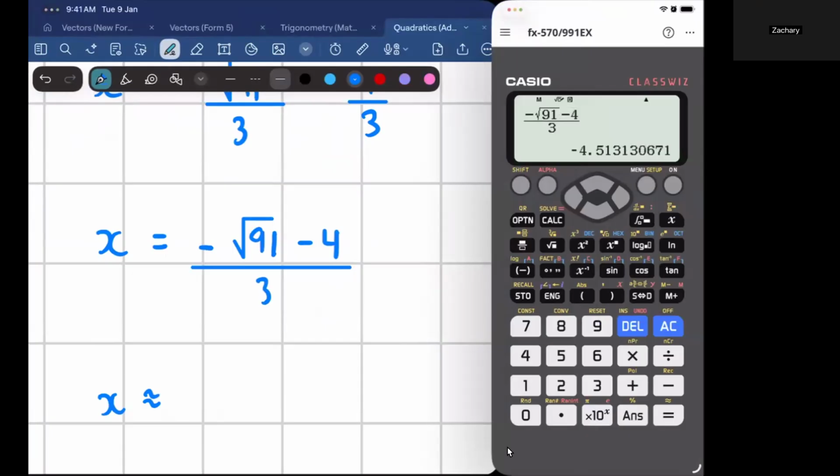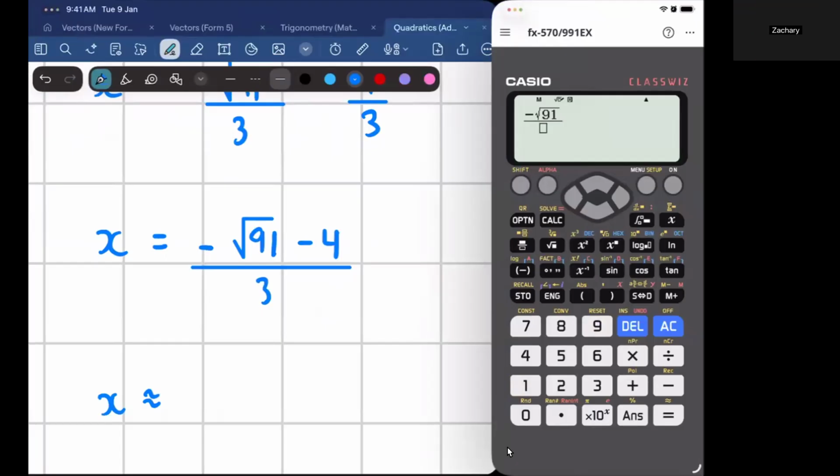Just hold on. Okay, Zachary, let me take it in parts. You're going to do exactly what I'm doing. So I want you to press the fraction button. Then press the minus button. Then press the square root button. On the inside, you're going to press 9-1. Next, you see how the cursor is still inside the square root?